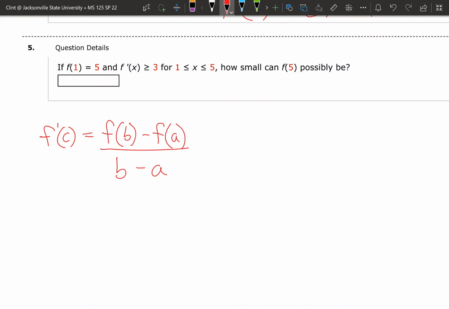Our endpoints this time, it's written in different notation, but it's just like this.